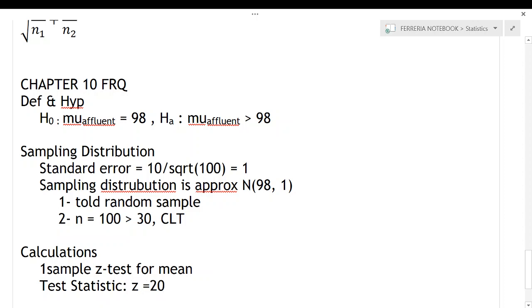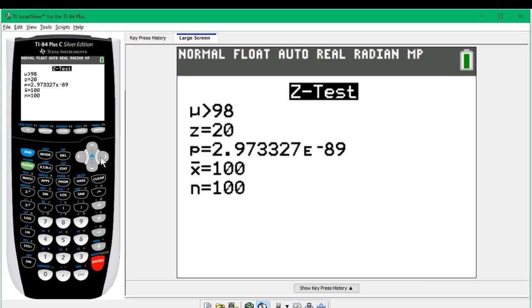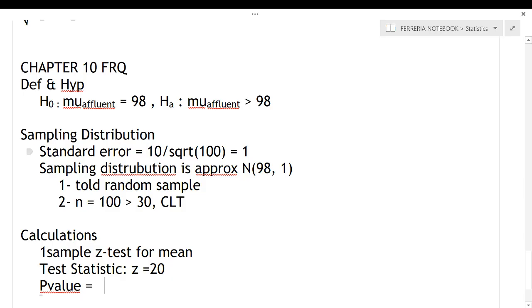Don't just say 20, you do have to say it's a Z or a T. P-value, I'm just going to put a 0 there. Don't do that on the test, though. You could, if it's 10 to the negative 89, put 0. If it makes you uncomfortable, put approximately equal to 0, but no one is going to fault you if you put 0.